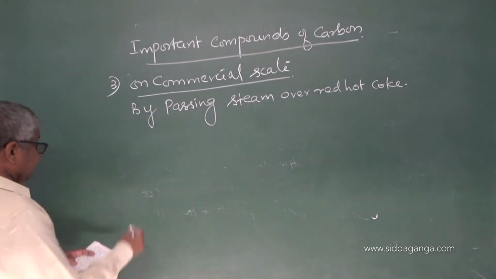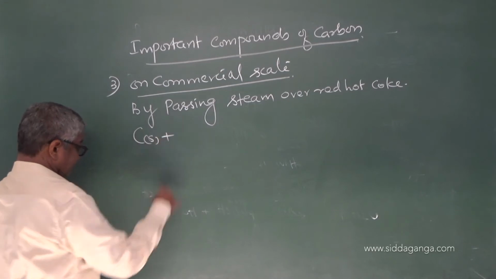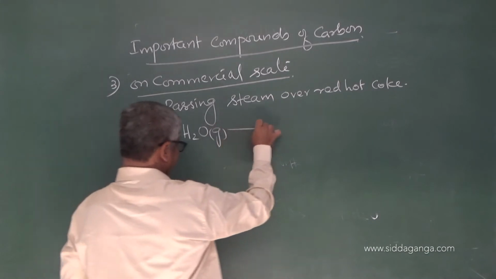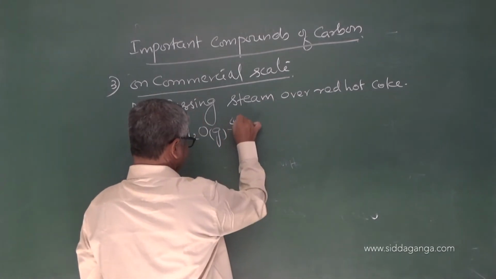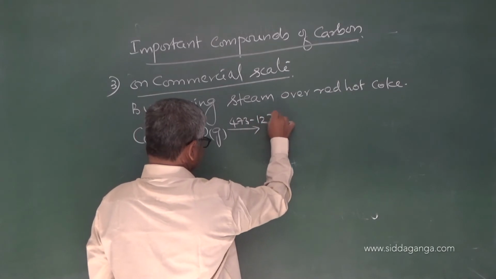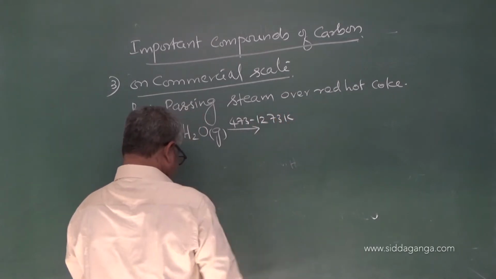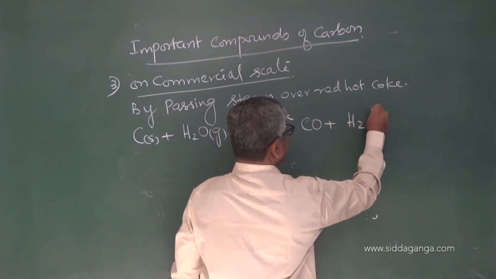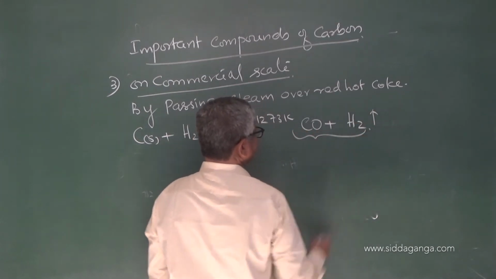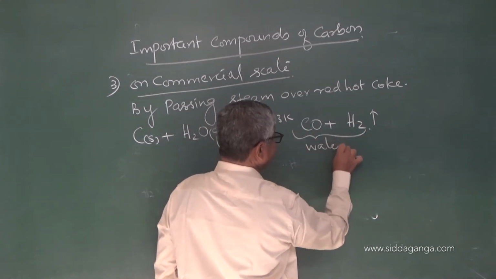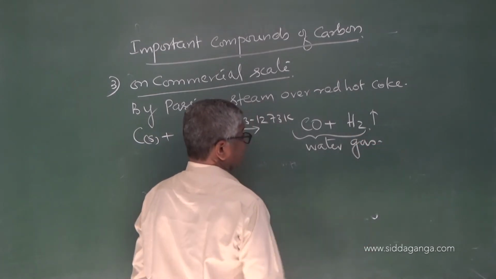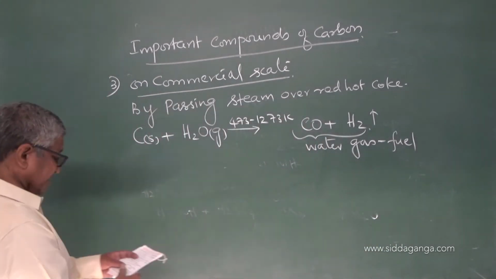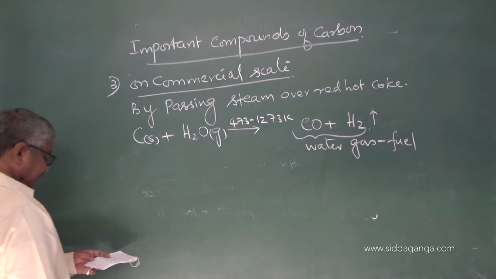Over the red hot coke, carbon solid reacts with water at a temperature of 473 to 1273 Kelvin, and forms carbon monoxide with hydrogen gas. This mixture is called water gas, used as an industrial fuel.